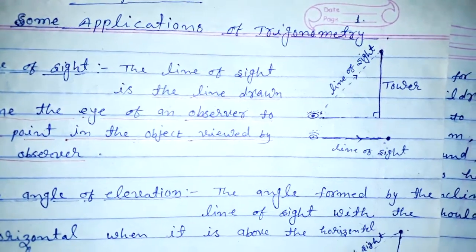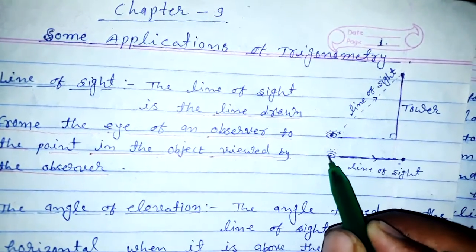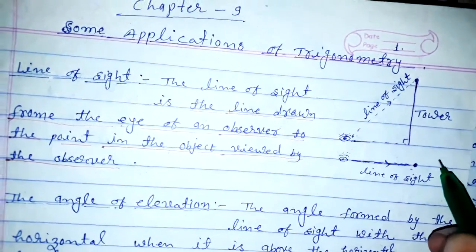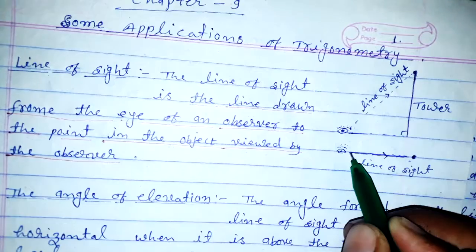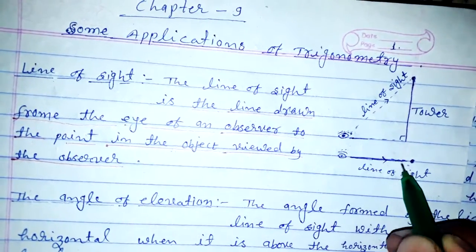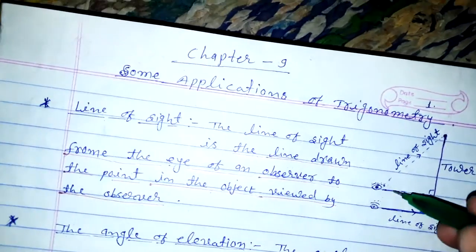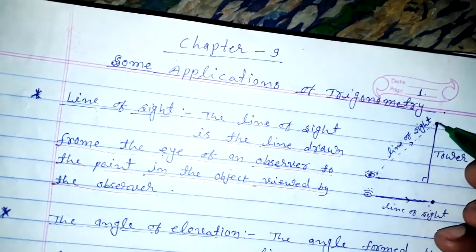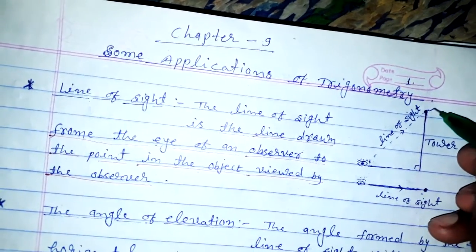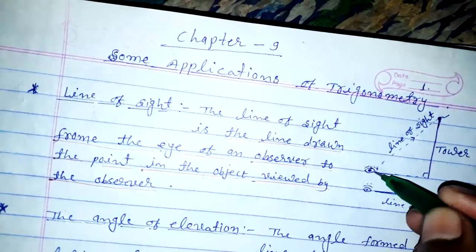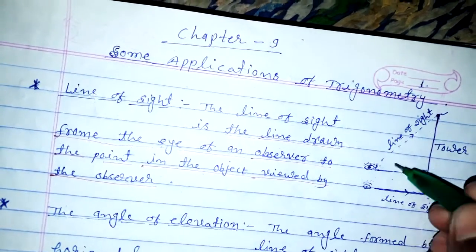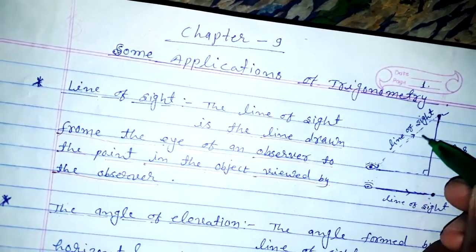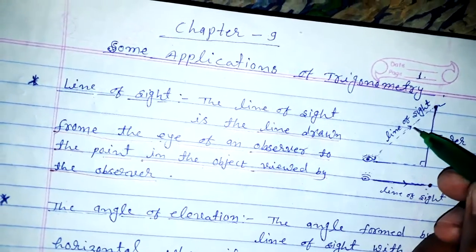Here this is the observer, eye of observer, and this is any object. So this line is the line of sight, and if this is the object and you see this object, this line is called line of sight.